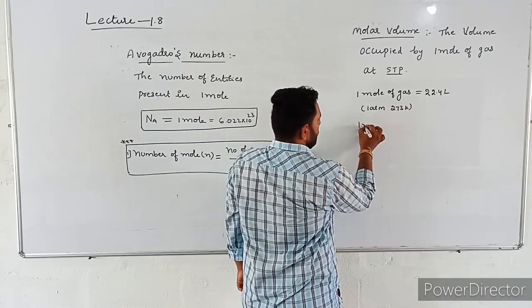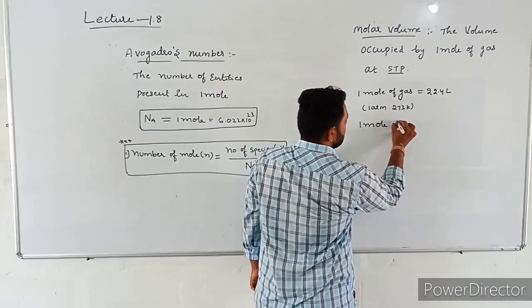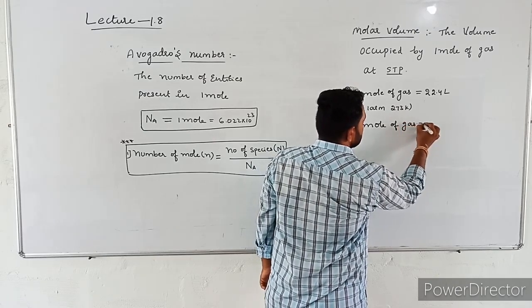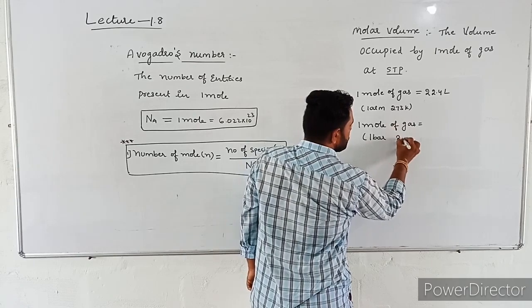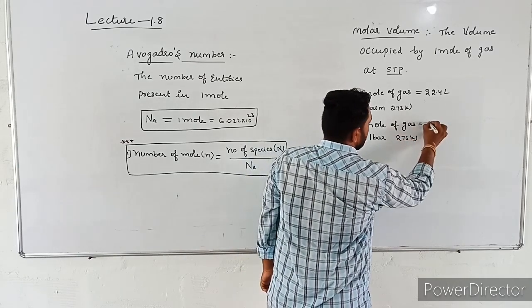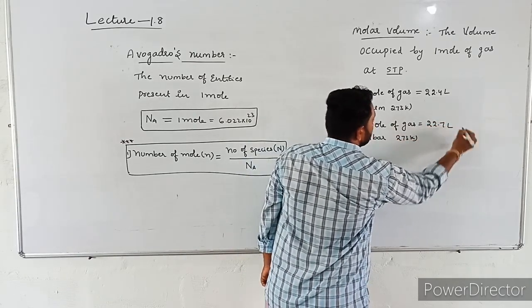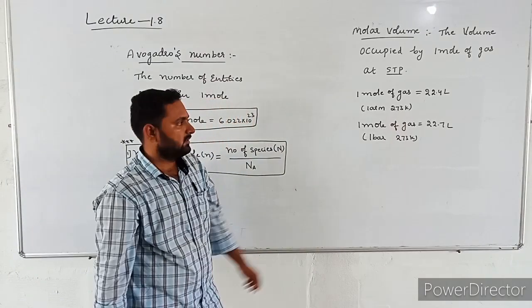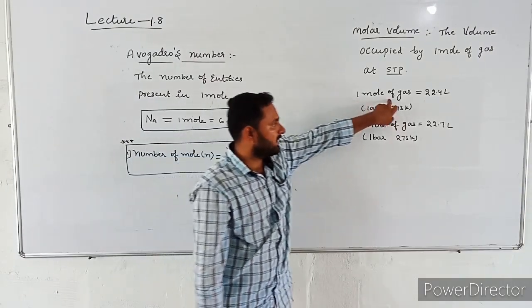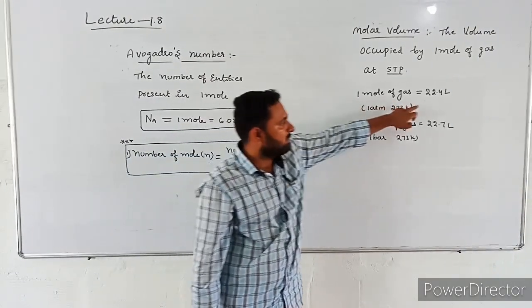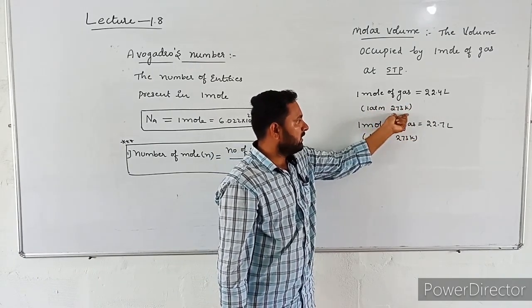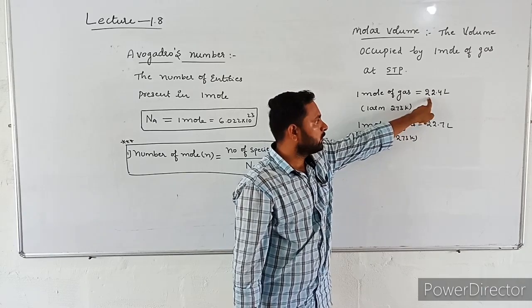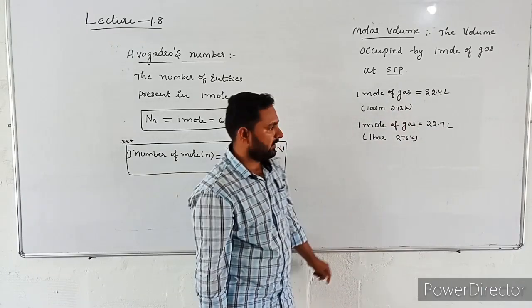Okay. For 1 mole of gas at 1 bar pressure and at 273 Kelvin, 22.7 liter volume is required. So for 1 mole of gas, at 1 atm and 273 Kelvin, 22.4 liter is required.